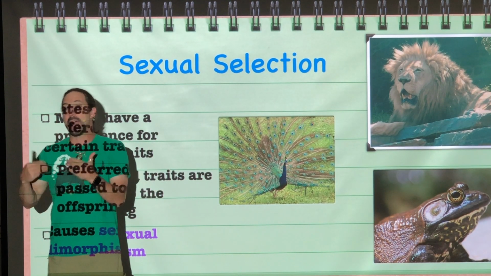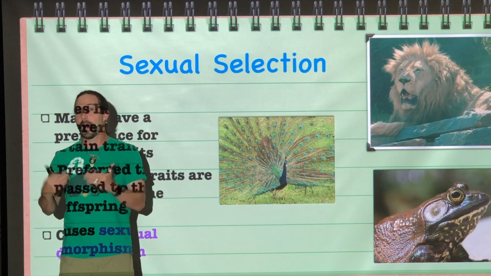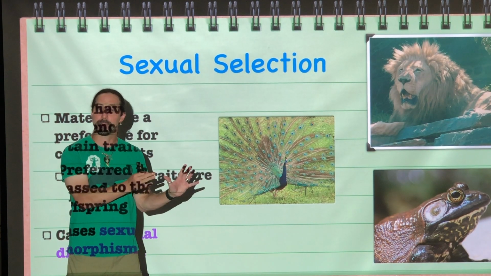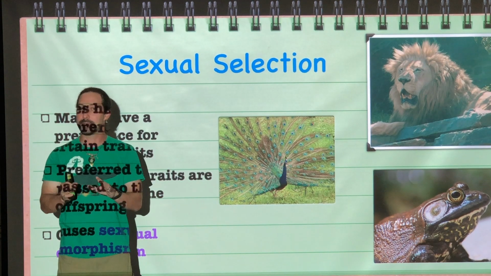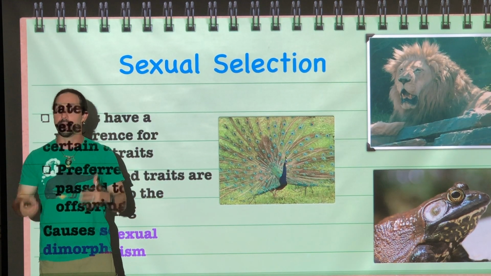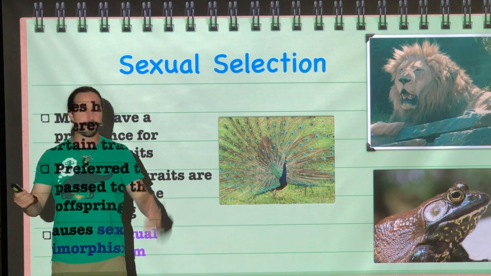Even though having a smaller tail might help a peacock get away from a predator, it doesn't help the peacock find a mate, which is extremely important when it comes to passing on your genes.